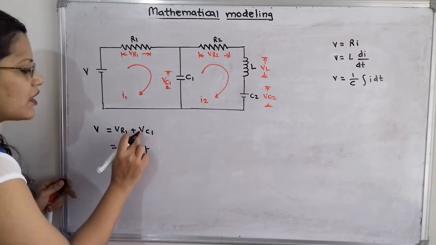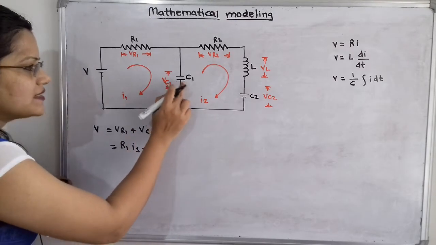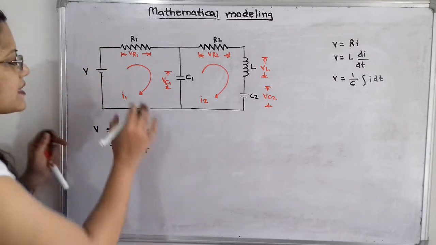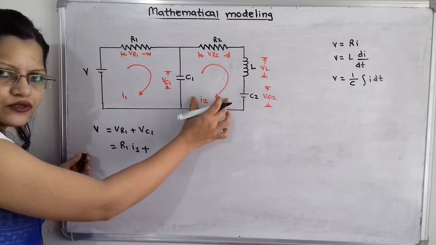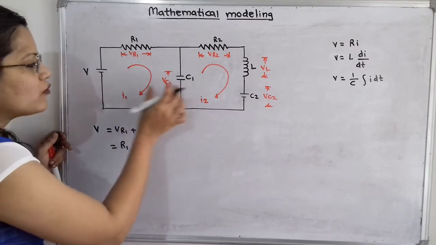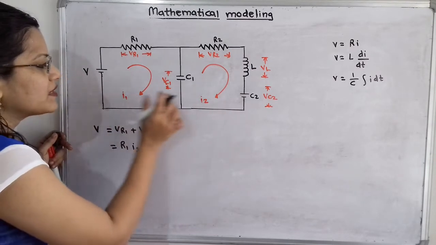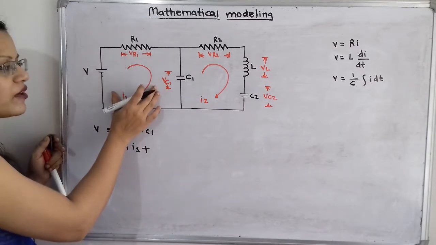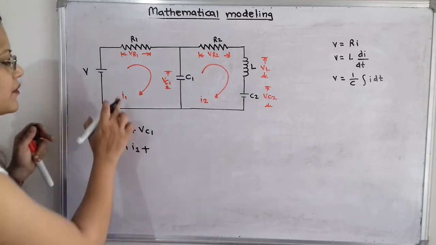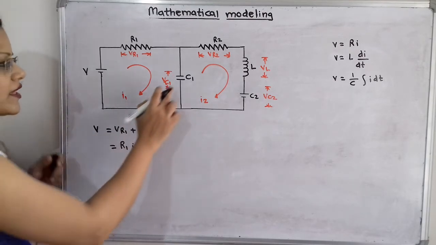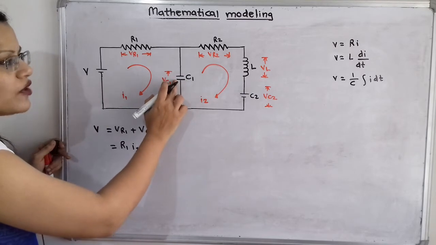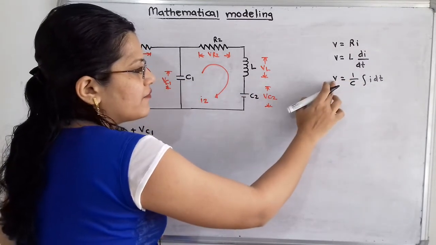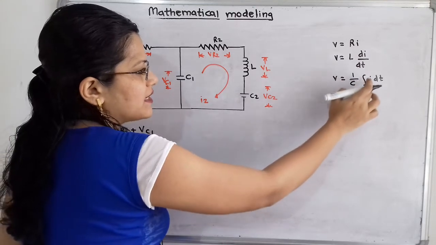Then plus the voltage across capacitor C1. This capacitor C1 is between I1 and I2, so we have to take the difference between these two currents. Because we are writing the equation for the first loop, we take I1 first. The voltage in terms of capacitor is V is equal to 1 by C integration of i dt.